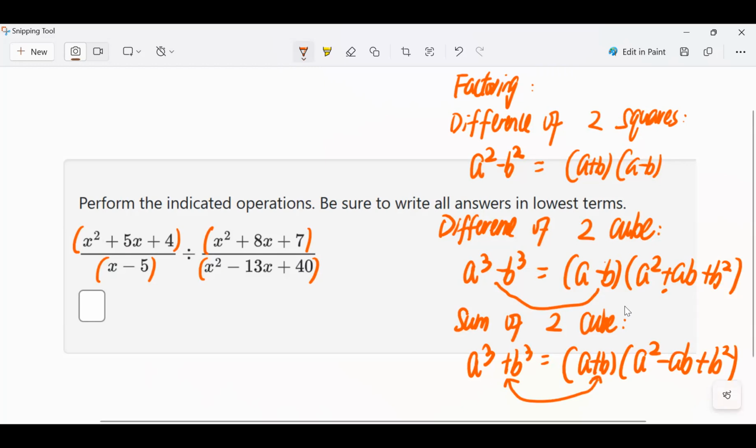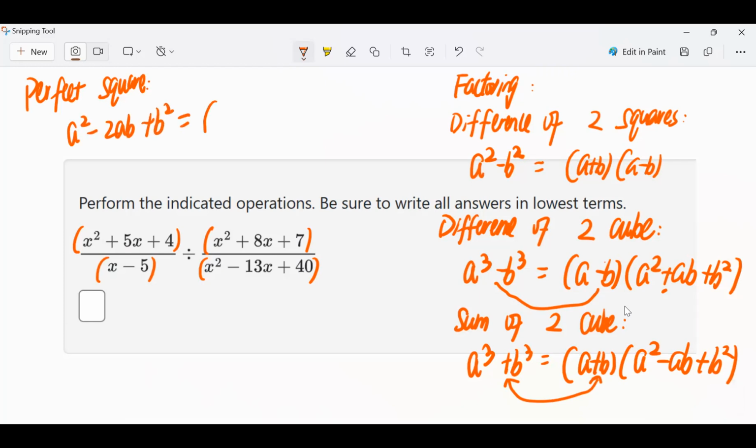If it is a perfect square, something like A squared minus 2AB plus B squared, it becomes A minus B squared. If it's A squared plus 2AB plus B squared, that will be A plus B squared.